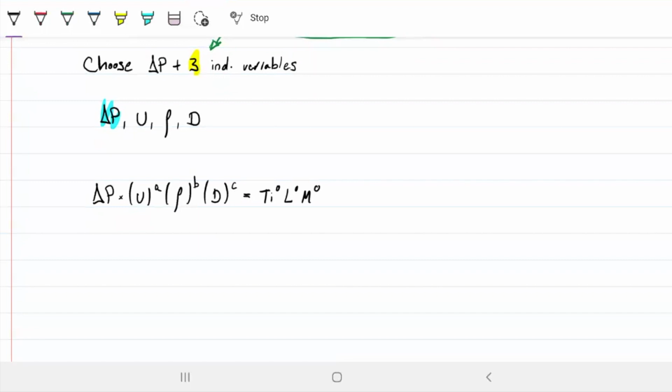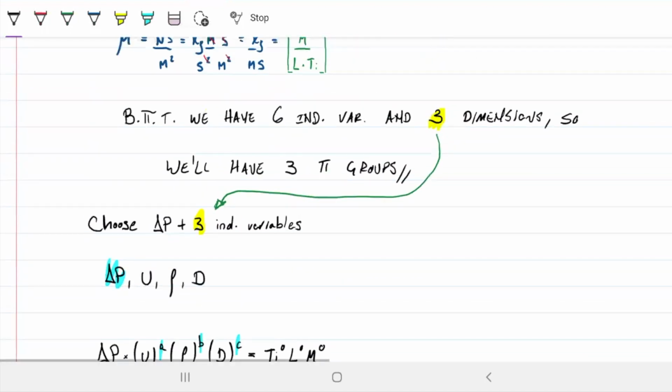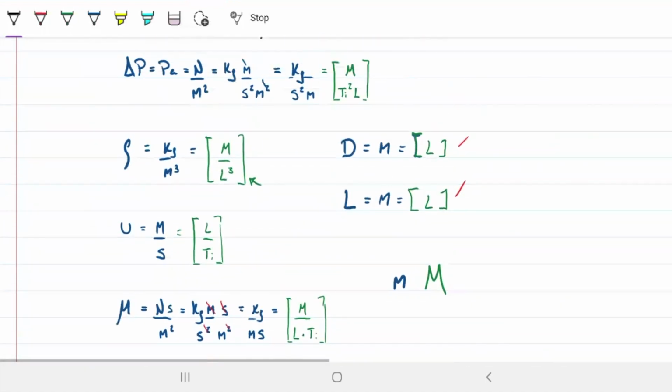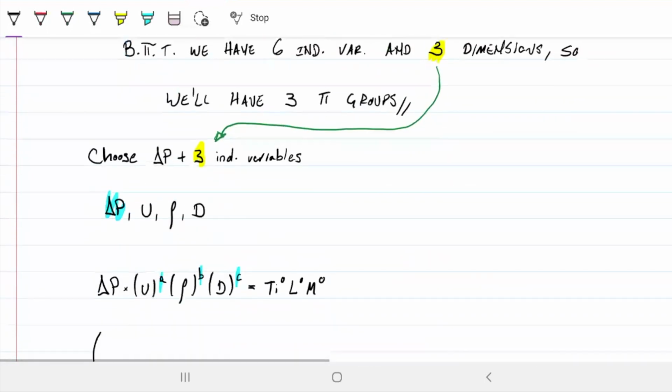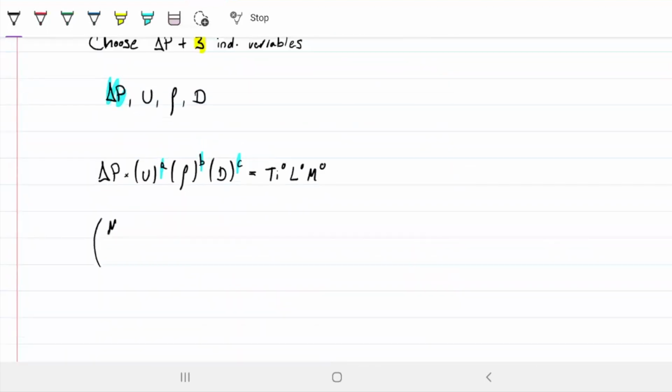Then we solve this and try to see what the coefficients will be. So we're trying to solve for A, B, and C. Next I'm going to sub in the dimensions for each of these. If you recall, my pressure drop was mass over length times time squared.